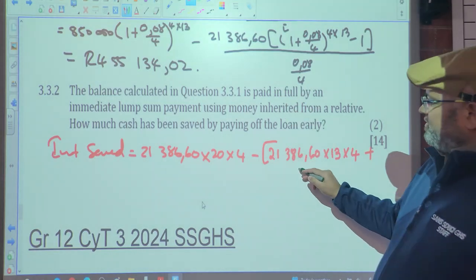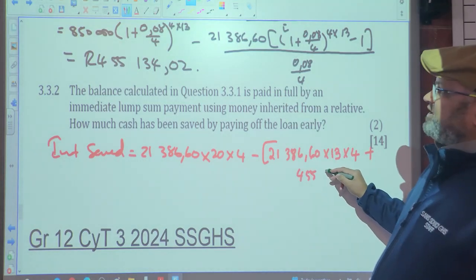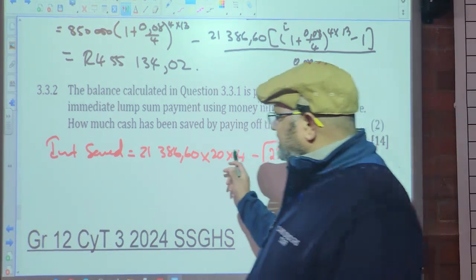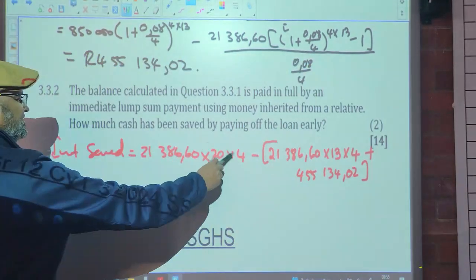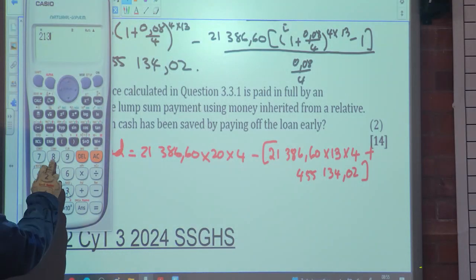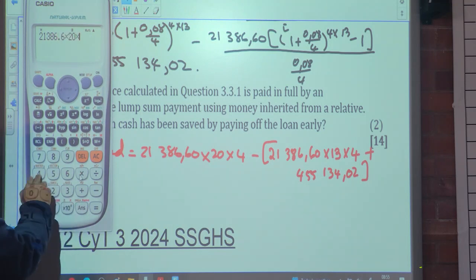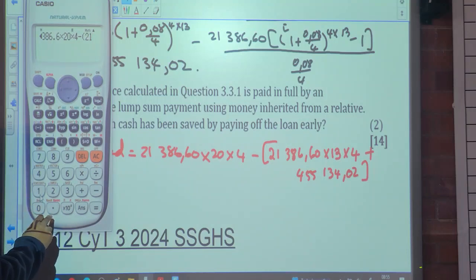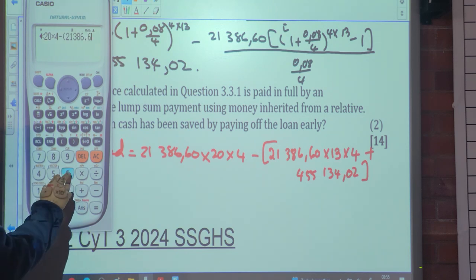Plus the lump sum of 455,134 rand and 20 cents. So if I only did this part, that is the amount the client would have been paying. So it's 21,386 rand and 60 cents multiplied by 20 multiplied by 4 minus, open brackets, 21,386 rand and 60 cents.